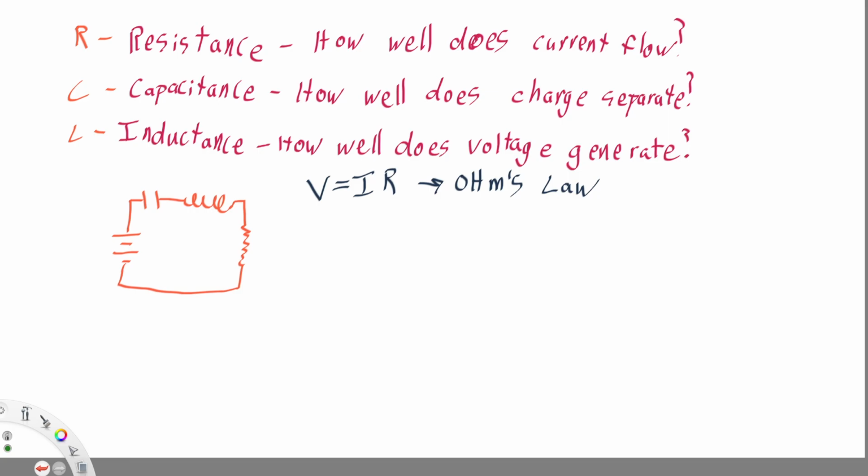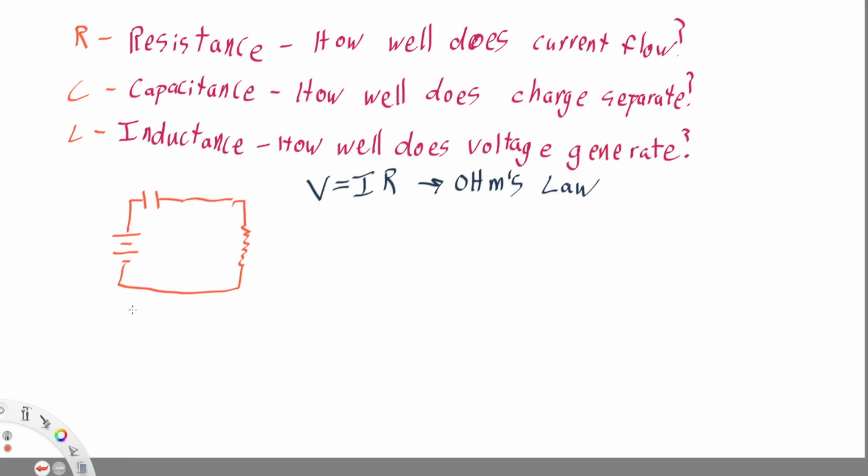So in RC circuits, we'll start there, and we'll consider DC voltage, direct current. There's no time variance in our voltage yet.